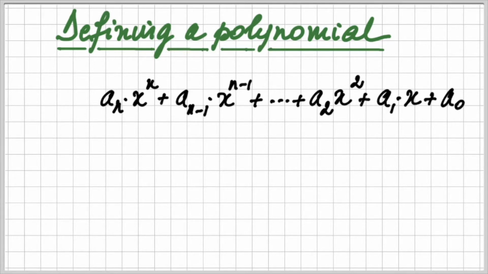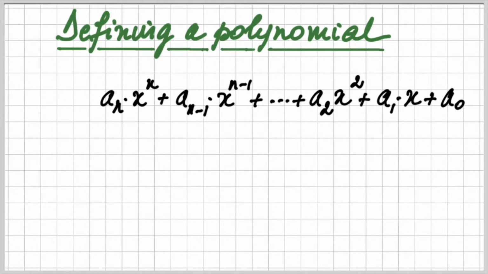With each step, each new term has a lower order, and we find the link between the power and the index of the coefficients. So a index n corresponds with x to the power n and so on. We continue, each term has a lower power or order.